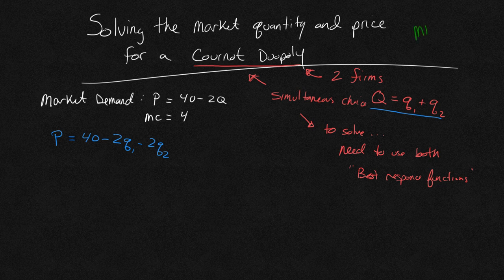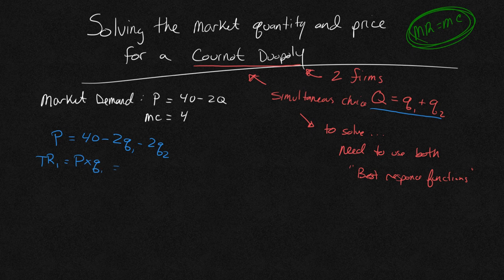We know that marginal revenue equals marginal cost is really important, right? That's how we're going to maximize profits, that's how we're going to make that choice. So we're going to need a marginal revenue. Well, in order to get a marginal revenue, I need the total revenue for firm 1, which is the demand times the quantity of firm 1.